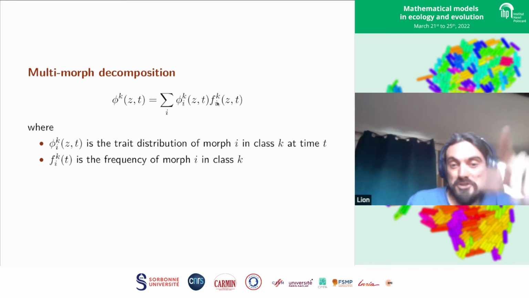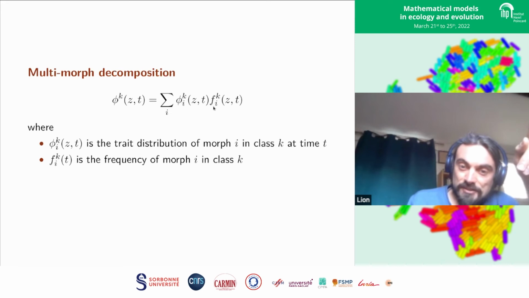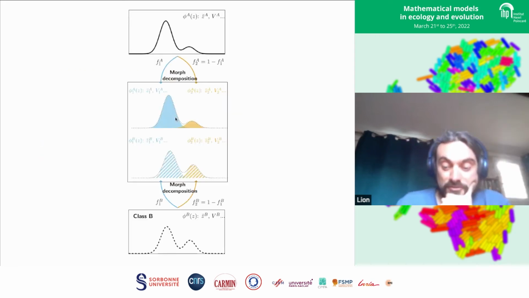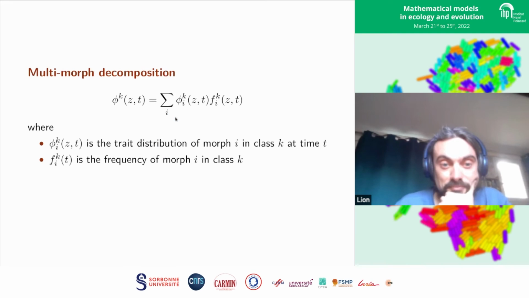So the notation I'm going to use here is all the morph related notation are subscripts, and all the class related notations are superscripts. I find it helpful, but some people may disagree.